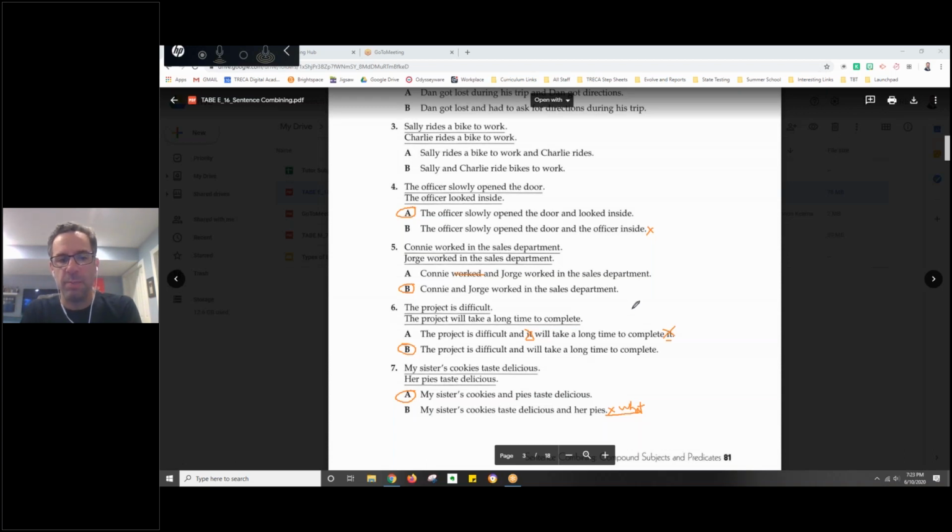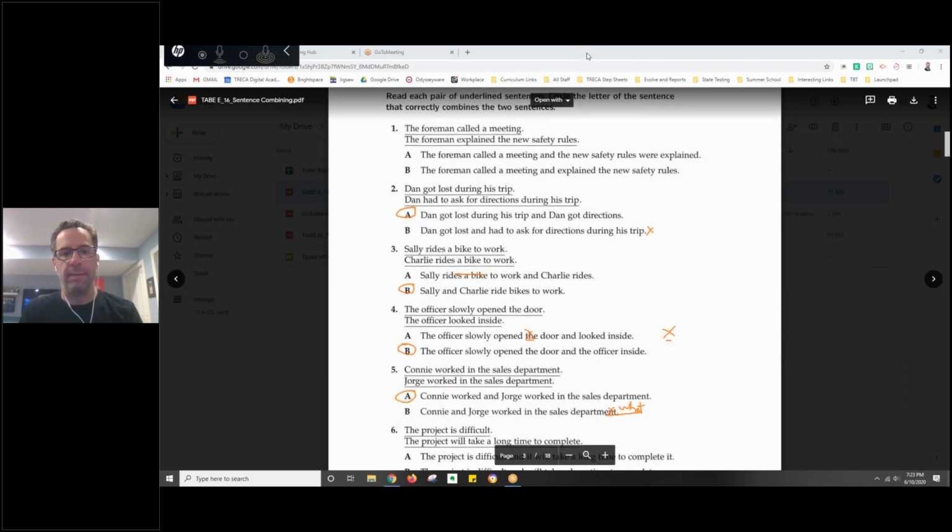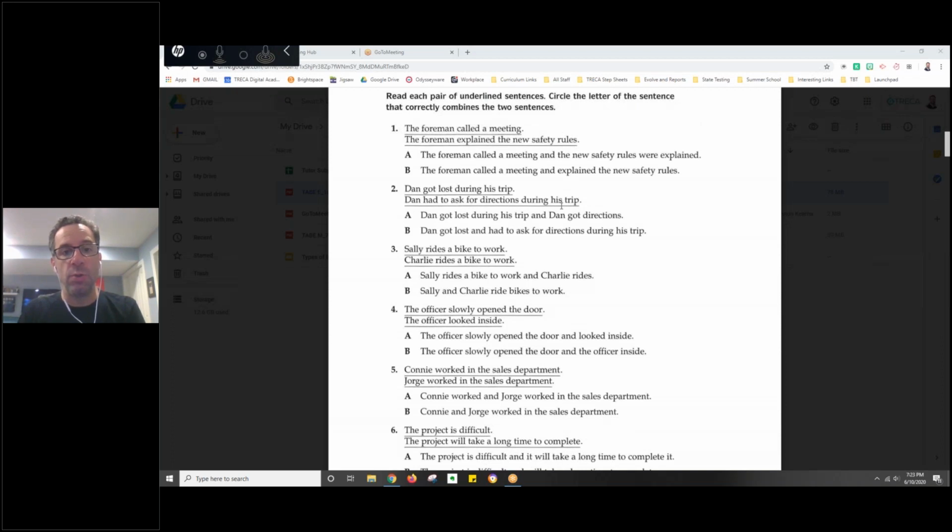So we'll go to the next page and then we'll be finished for the day. We'll do page 82. So again, as a review, we are doing compound sentences and predicates. We're trying to take 2 or more sentences that are written together and sort of melt them into one sentence if we can.